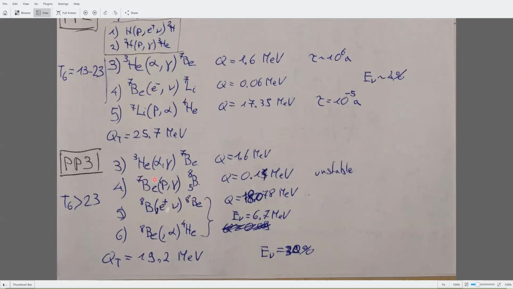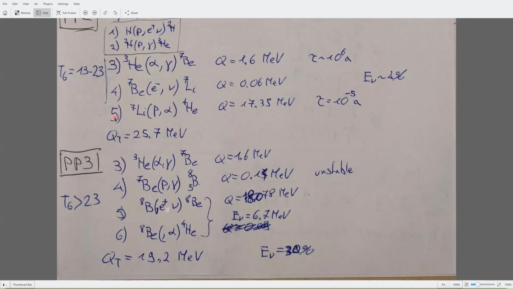The beryllium-7 doesn't do the same; here you have actually electron capture. An electron is absorbed by the nuclei. Usually, beryllium-7 tries to do it with its own electron around the nuclei, but here obviously they are completely ionized.